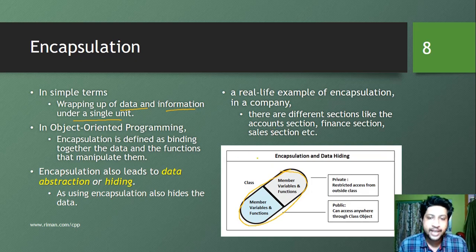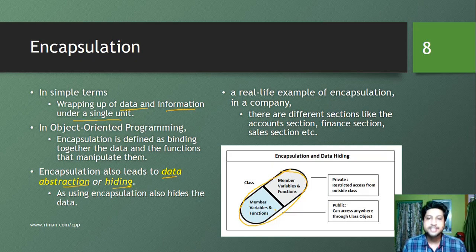Class is used to implement this encapsulation concept as well. Encapsulation is defined as binding together data and functions that manipulate them, and it also leads to data abstraction and hiding. We are just about to get to know about data abstraction and hiding.